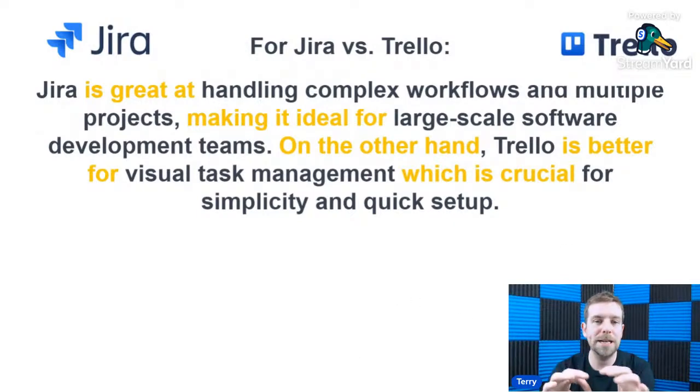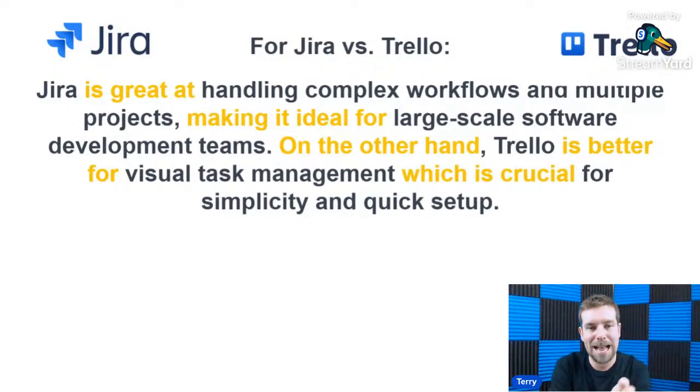Jira is great at handling complex workflows and multiple projects, making it ideal for large-scale software development teams. On the other hand, Trello is better for visual task management, which is crucial for simplicity and quick setup. So again, we look at the yellow parts.